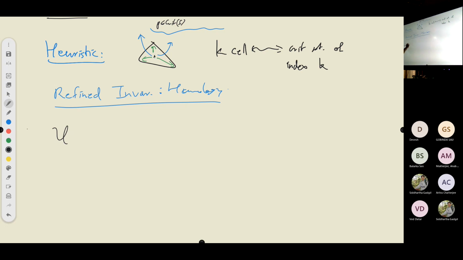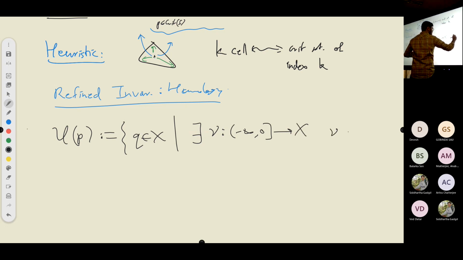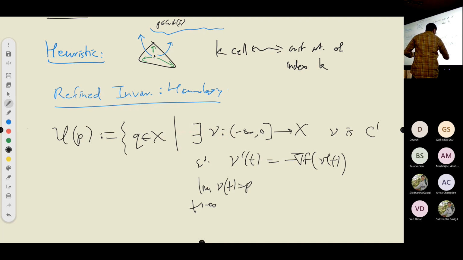The unstable manifold of the point P is the set of all points Q belonging to X such that there exists a path gamma from negative infinity to 0 into X, gamma is C1, such that gamma prime of T is equal to negative gradient of f at gamma of T, and the limit as T tends to negative infinity of gamma of T is equal to P, your critical point, and gamma of 0 is equal to Q.